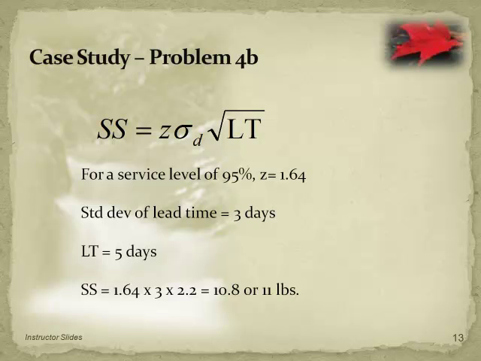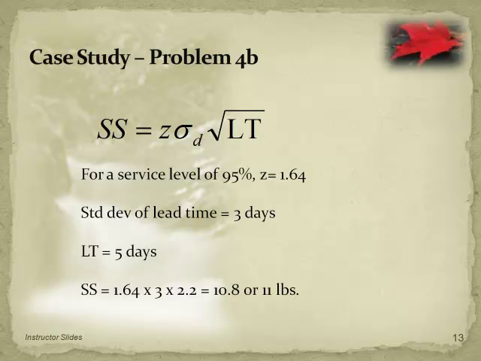From that table, I would go down to 95%, read over to the column that represents the Z value, the distance, 1.64. What that basically means is that I want 1.64 standard deviations.